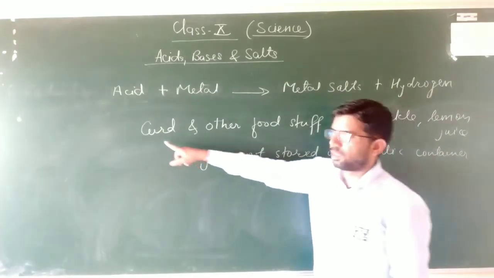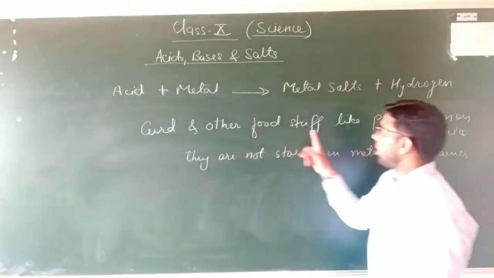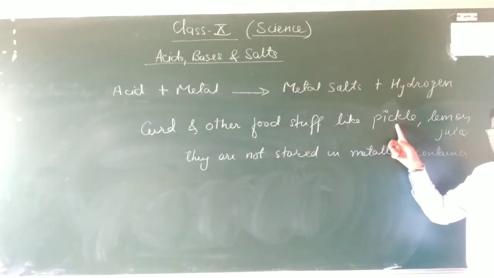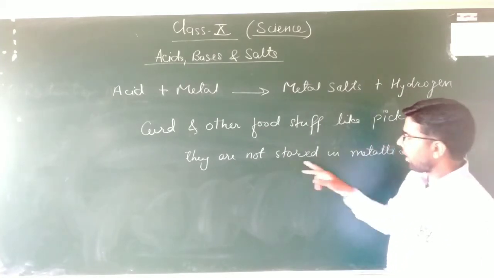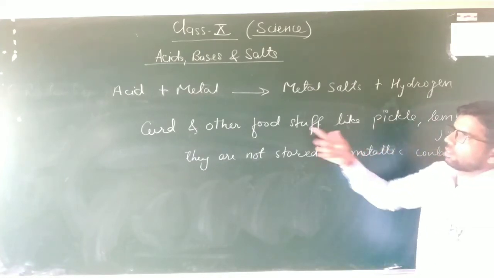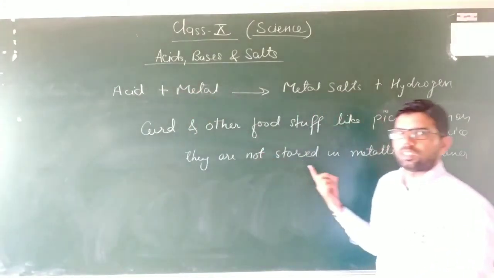Curd basically contains acid, right? Lemon juice is also an acid. Pickles also contain acid. So we would be storing acid in a metallic container. Is it possible? Acid can react with metal, so it is not possible.